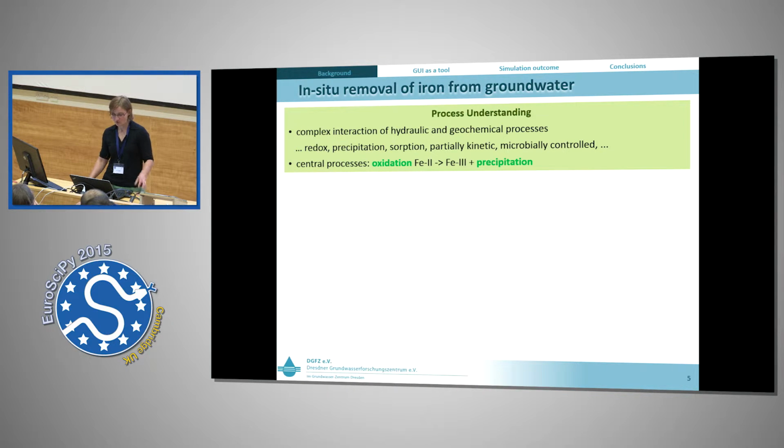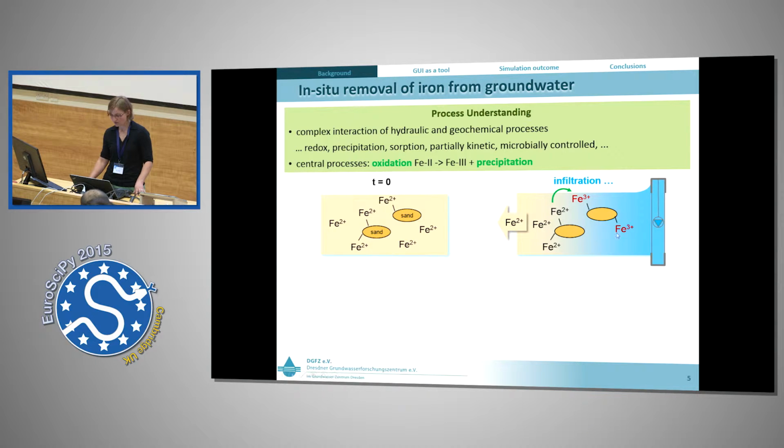There's a whole bunch of reactions going on there. The most important, maybe for you just to know now, is that the iron, which is at starting time there in the groundwater, will be oxidized by the oxygen when you infiltrate this oxygen-rich groundwater. And in the second step, this iron is precipitated.